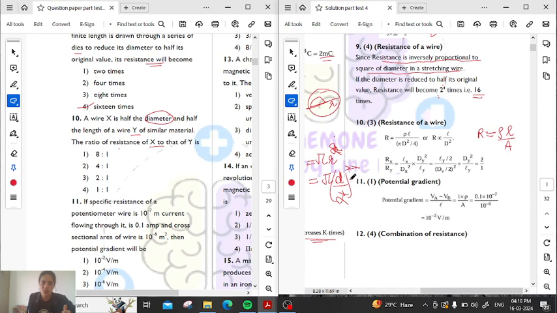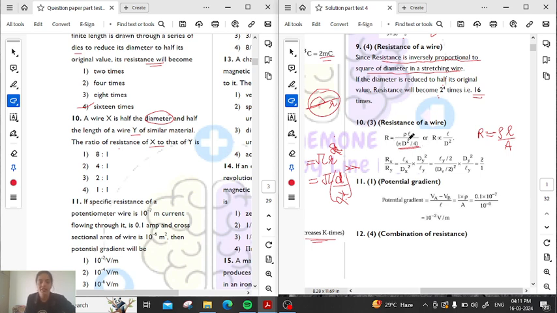If I square it here, d square and 2 square becomes 4. So it will become pi d square by 4. So that's why we have written pi d square by 4 here. So this R equals rho L by pi d square by 4.